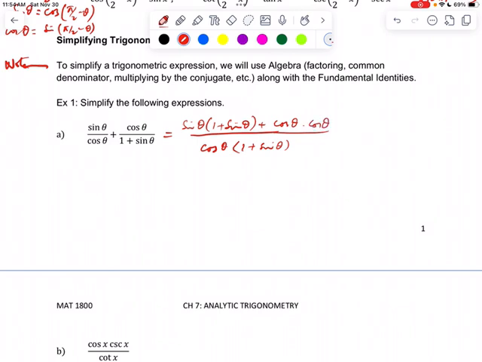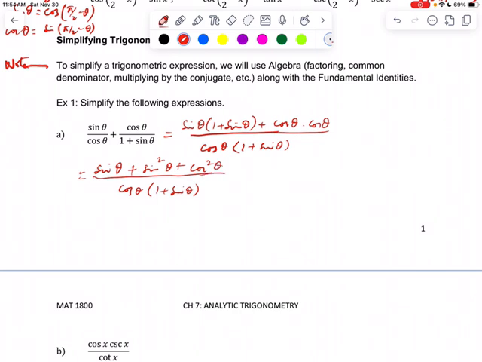Now we will expand the top. Do not expand the denominator. Just leave it in factored form. On the top, I get sine of theta plus sine square theta plus cosine square theta.